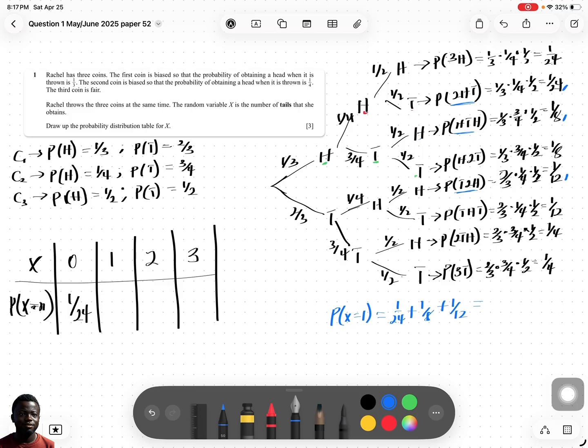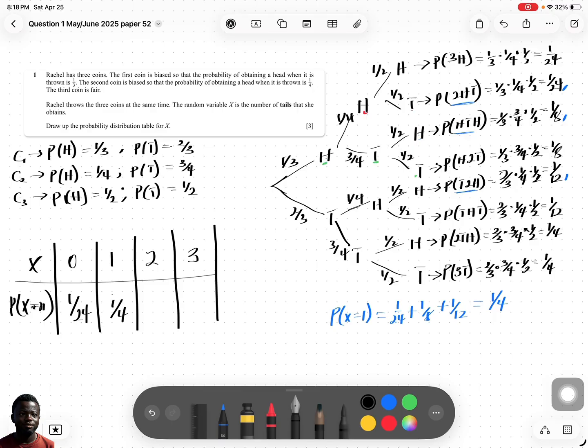I have my calculator right beside me, so I can do that calculation. 1 out of 24 plus 1 out of 8 plus 1 out of 12, and that gives us 1 out of 4. So that's what we have for when x is equal to 1. So we put that on our table, right?